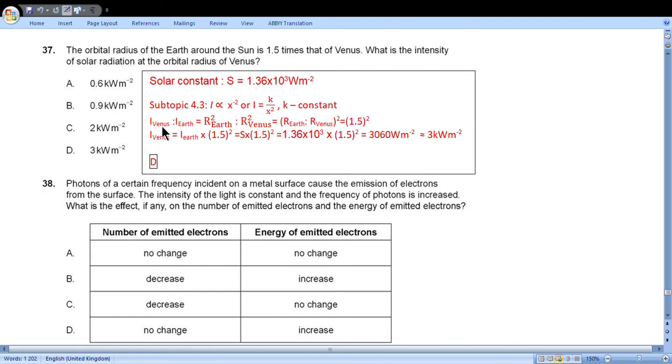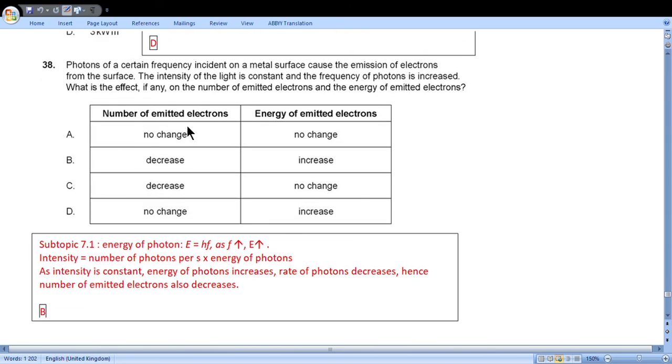So let's find the ratio of intensity of Venus and Earth. We substitute, k is cancelled, so we get the ratio of distances squared, 1.5 squared. Then we rewrite the intensity for Venus as Earth intensity divided by 1.5 squared. Earth intensity is the solar constant, so we get 3 kilowatts per meter squared. So answer D.